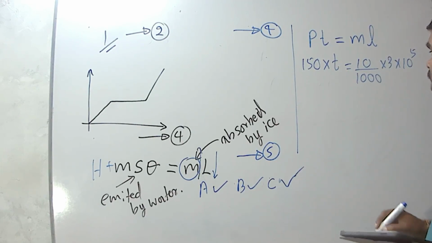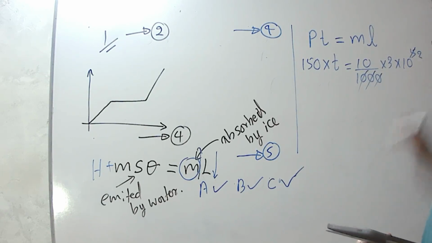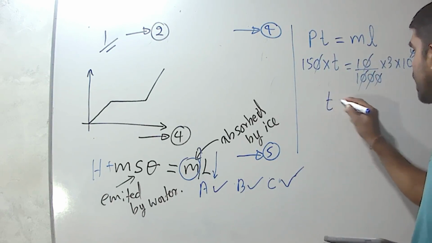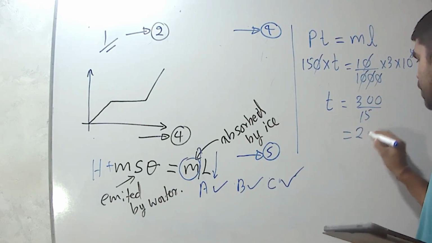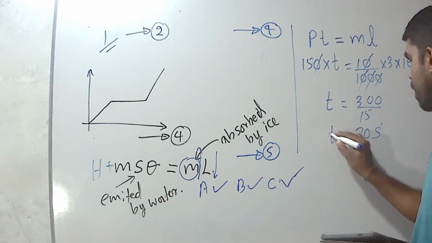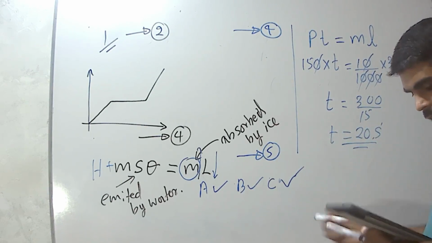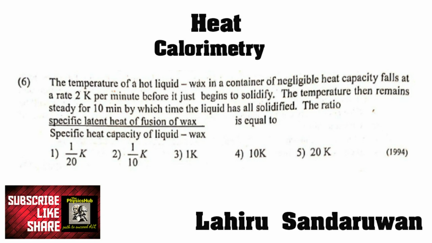Then we can find the T value by using this equation. We can cancel out 3 zeros, 10 to the power 2. We can cancel out 1 zero. Then T should be 300 divided by 15. It is 20 seconds. Then the third one is the correct answer.